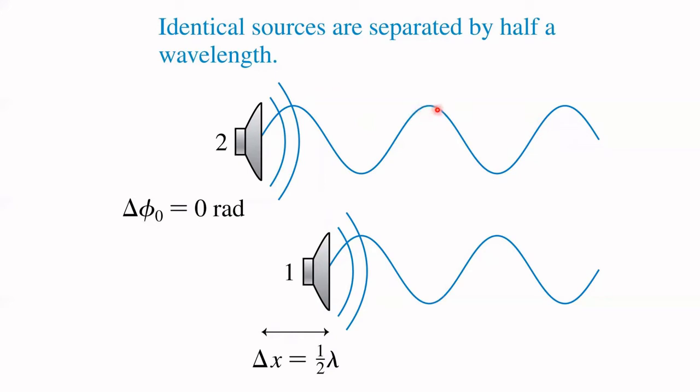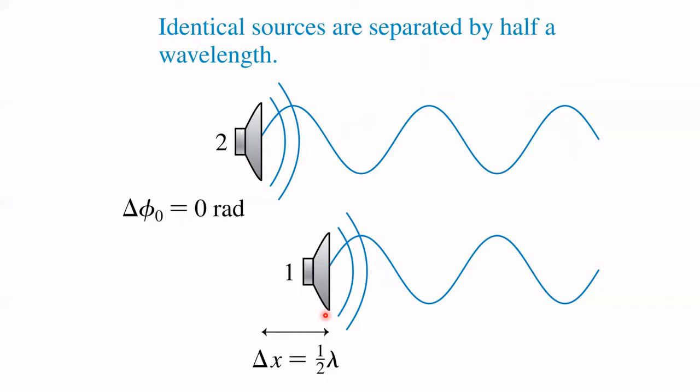You've got the peaks of 2 lined up with the valleys of 1. That's destructive interference. So despite the fact that there's no inherent phase shift, even though the speakers are going front back together in time, they're still interfering destructively because the path length difference has introduced an additional phase difference.